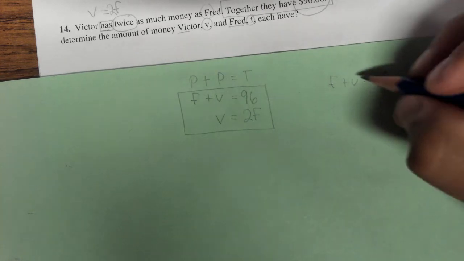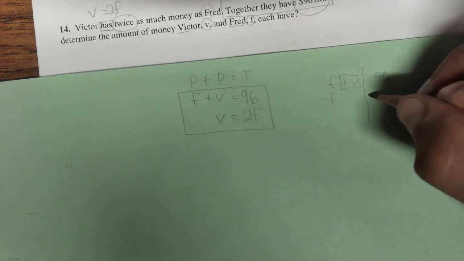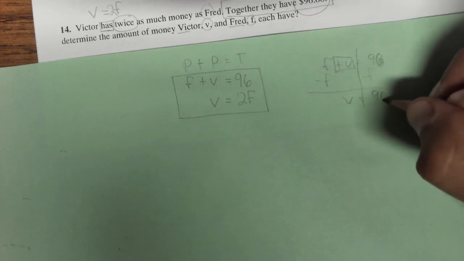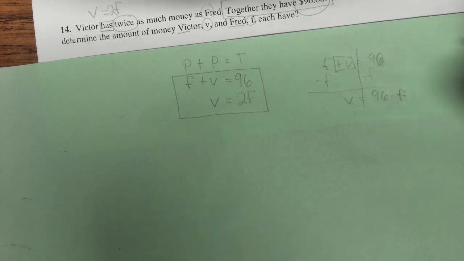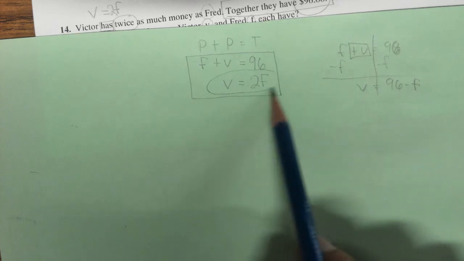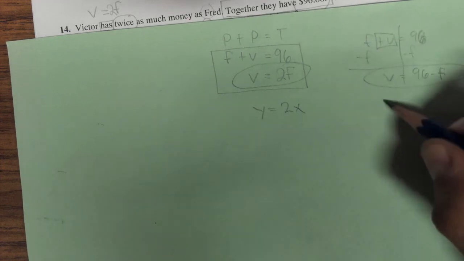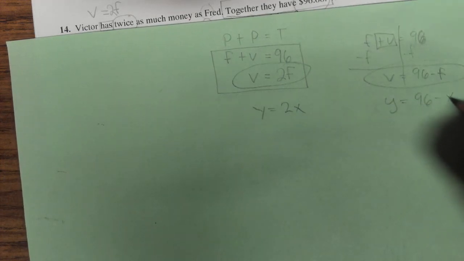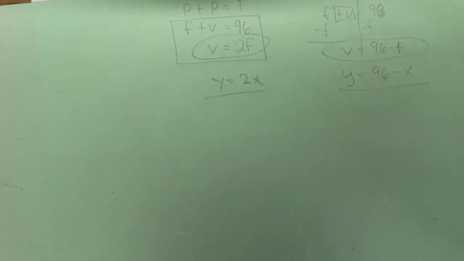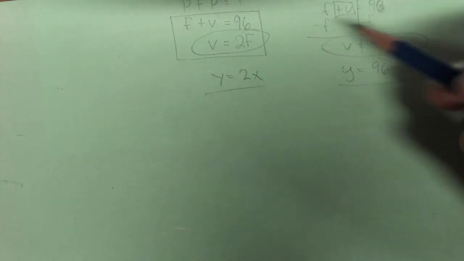I would box in this V, pretending that's my Y, subtract F from both sides, pretending that's my X. Alright, so I'll get V equals 96 minus F. I would then go into my calculator, type these in, again pretending that those are Y's, so really this would be Y equals 2X, and Y equals 96 minus X. And once I have those two equations, I can go in and solve and get my solution. Of course, it's a little tricky because you have to figure out which letter is which, but that's one way that you can solve.